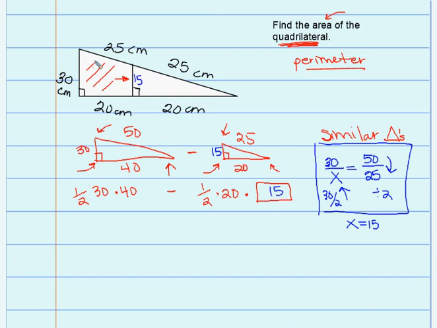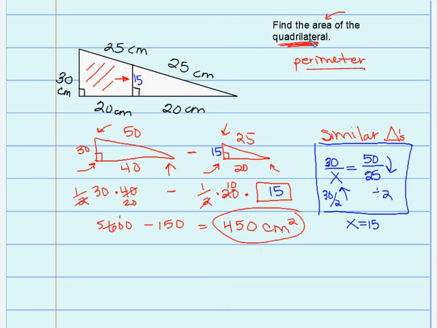Now I can find the area of that quadrilateral piece. So 1/2, 30 times 40, let's see, if I divide that, I'd get 600 minus 150, so 600 minus 150 would be 450, and then label that appropriately, centimeters squared.